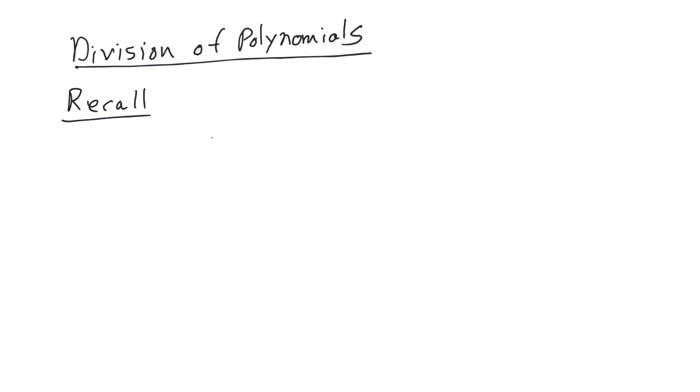So let's talk about this. Let's say I have the following: 1882 over 25, right?